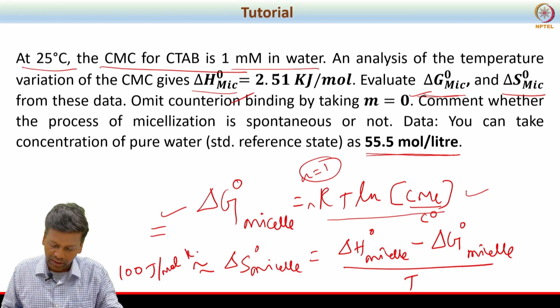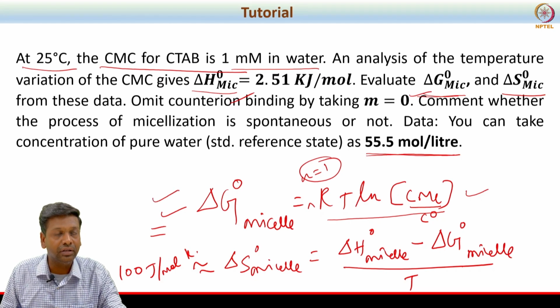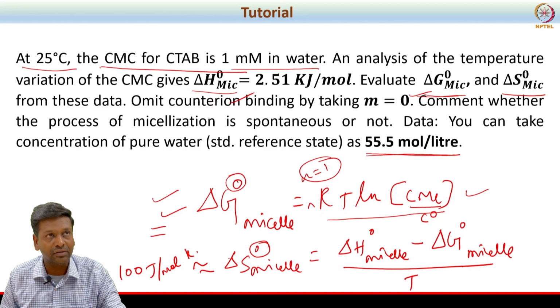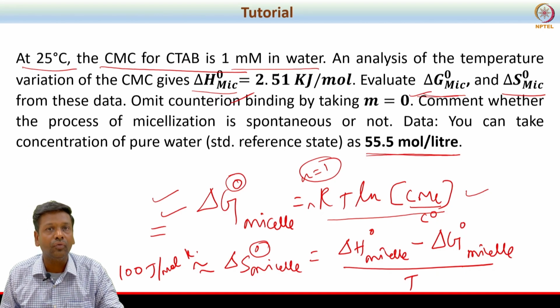In this way you can calculate the change in Gibbs free energy of micellization at standard reference state, and since in this problem delta H is given, you can also calculate the change in entropy of micellization at standard reference state. We will stop here.